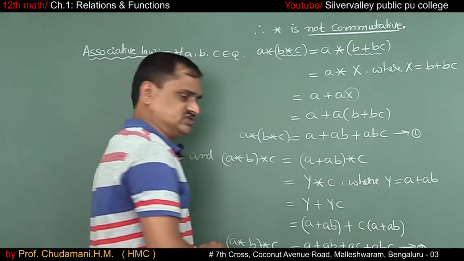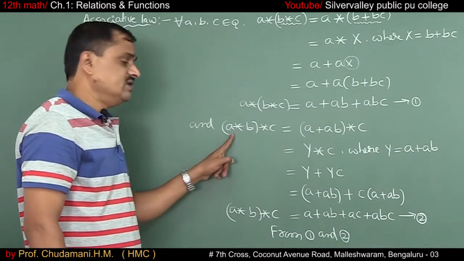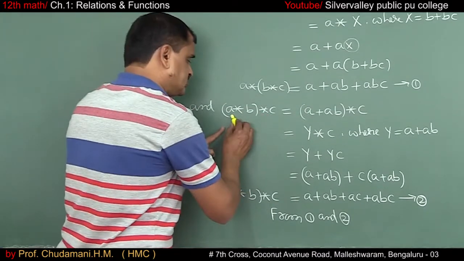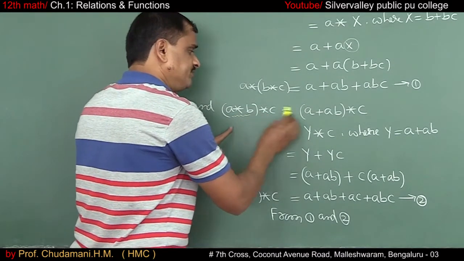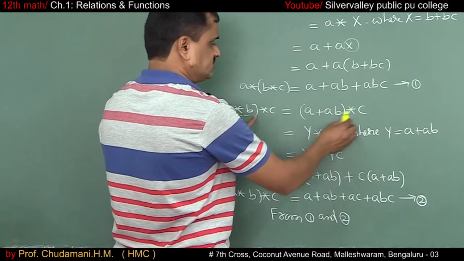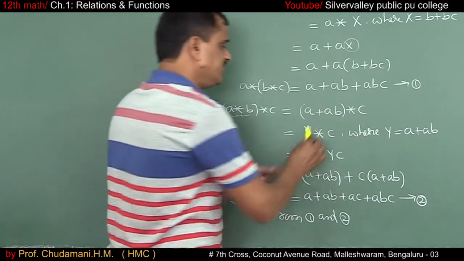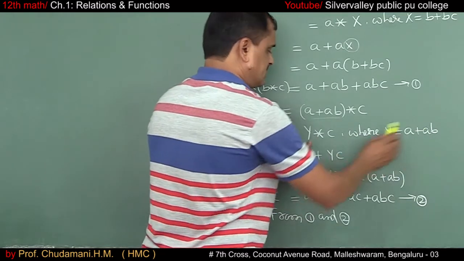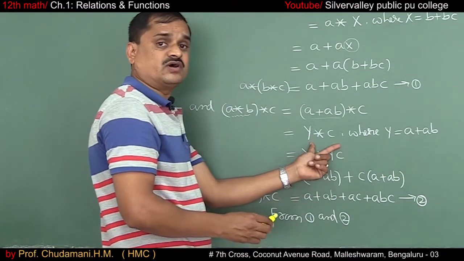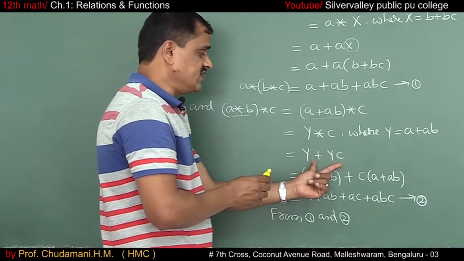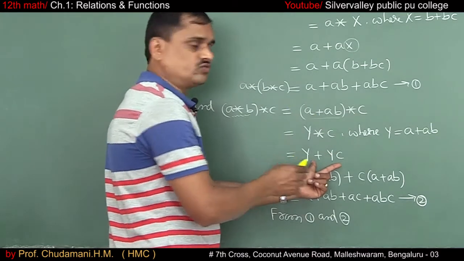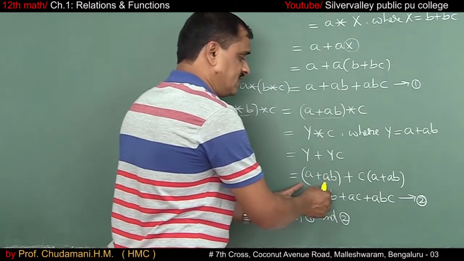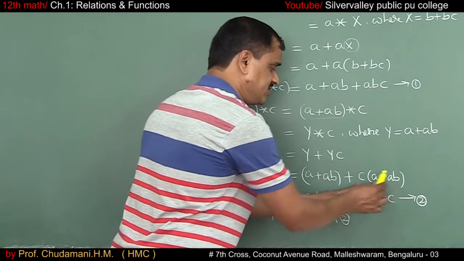Say some equation 1. And (A star B) star C. Look at A star B, A plus AB, star C. Let me denote this as some Y. Y equals A plus AB. Y star C means what? Y plus Y into C. Resubstitute Y, A plus AB plus C into (A plus AB).